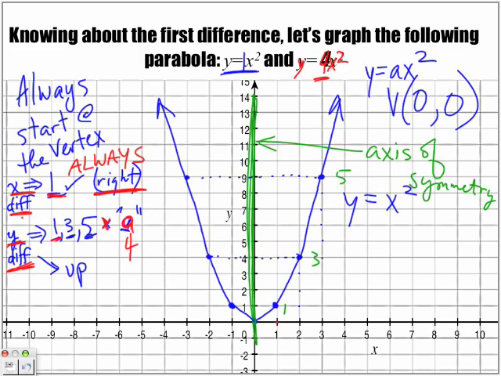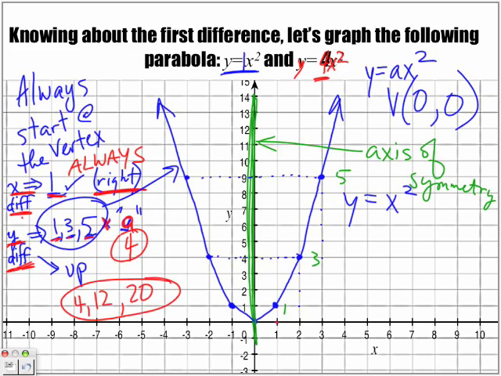So we're still going to use the 1, 3, 5 pattern, but it is going to be multiplied by 4. In other words, the pattern for this is going to be 4, 12, 20. So we have the 1, 3, 5 pattern for this one, but now a 4, 12, 20 pattern for y is equal to 4x squared.